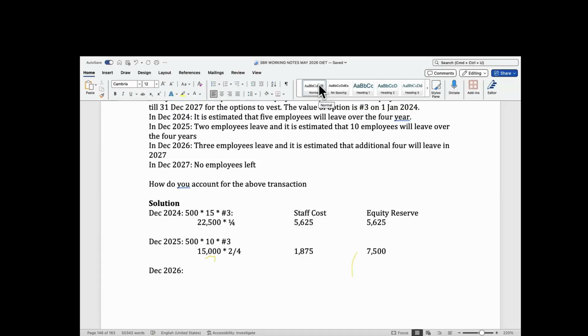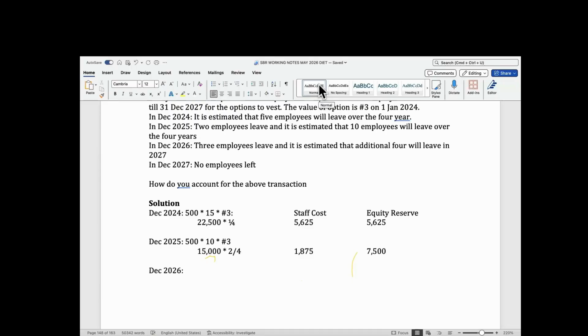So that's why I said 20 minus 7 is 13. Yeah, okay, good idea, but that's not right. Because it's not 7 that is leaving over the period. You have only considered 2026 and 2027. Over the period is not 2026 and 2027. It starts from 2024. Okay, I'm with you.